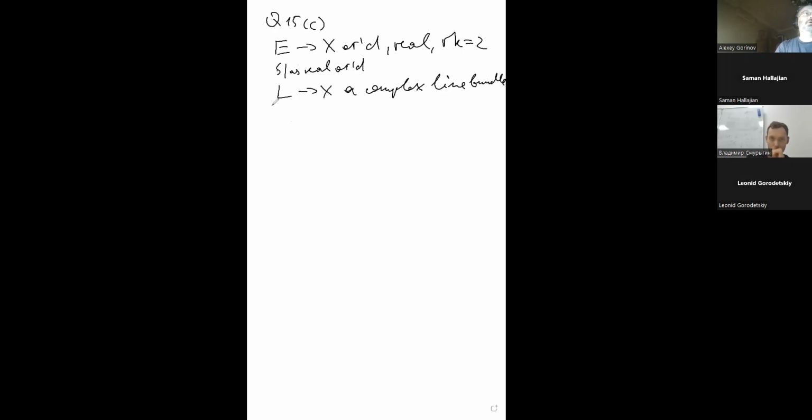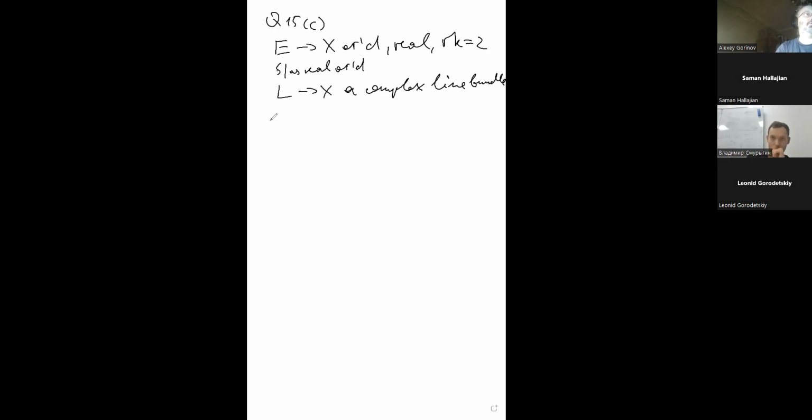The result is the same as the complex line bundle as a real vector bundle. The bundle E has a natural complex structure.